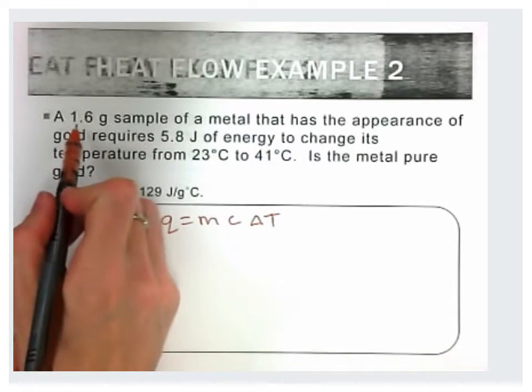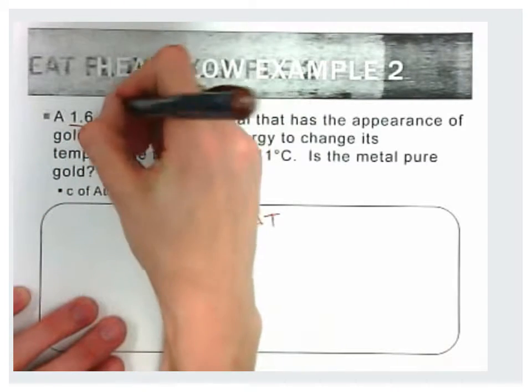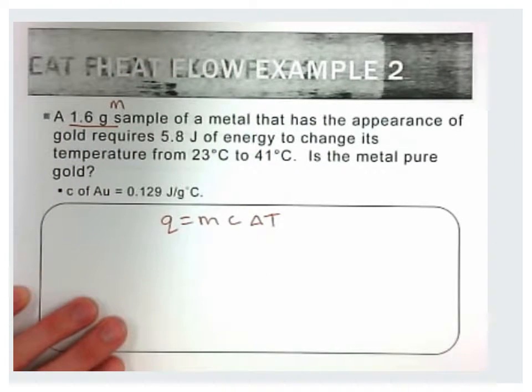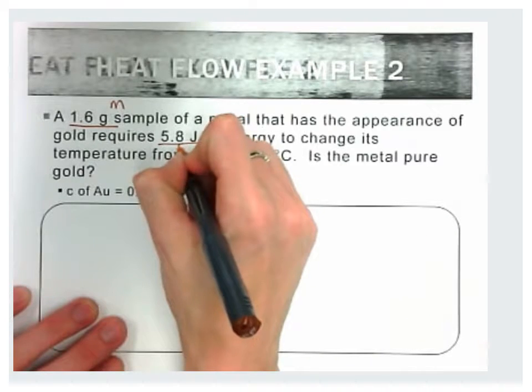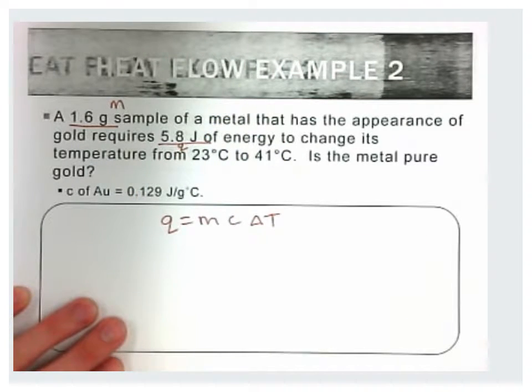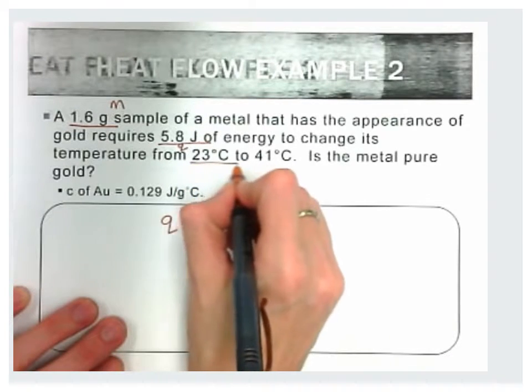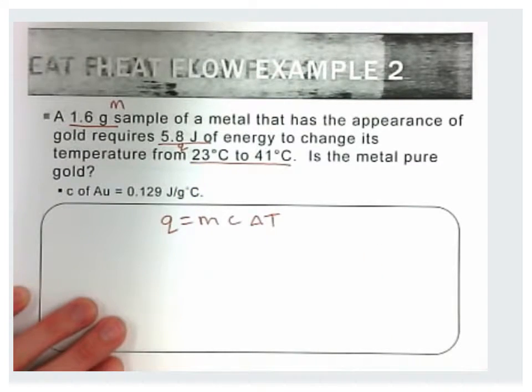It says a 1.6 gram sample, that's my mass, of metal that has the appearance of gold requires 5.8 joules of energy, that's my Q, to change its temperature from 23 to 41 degrees Celsius.